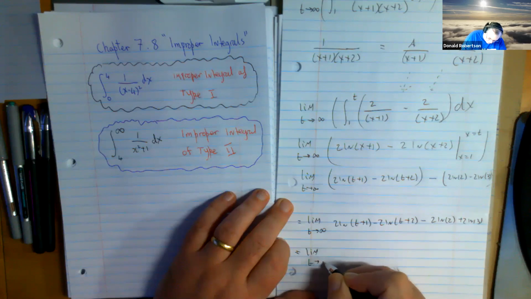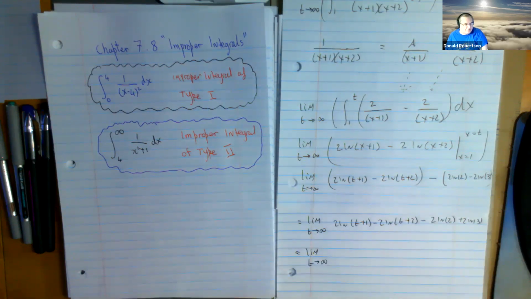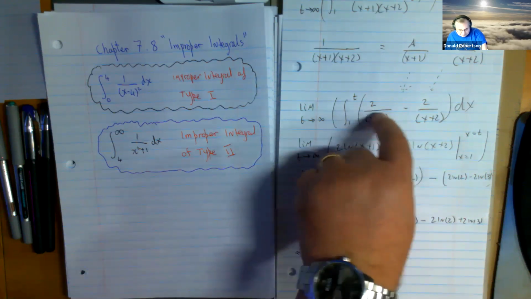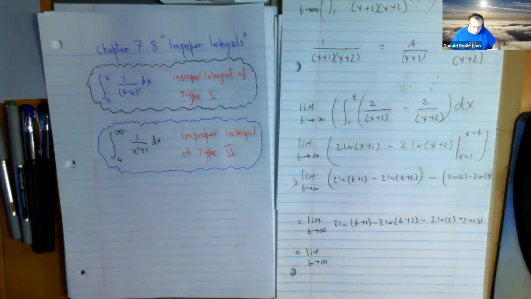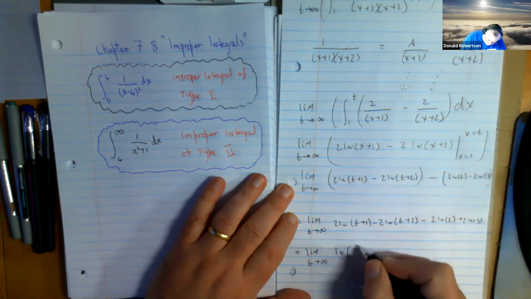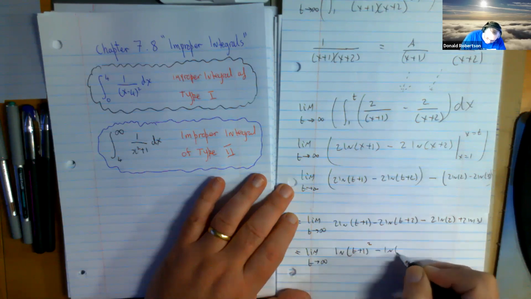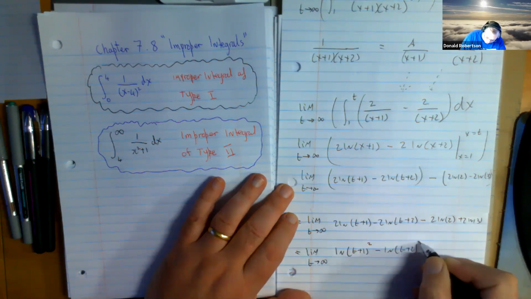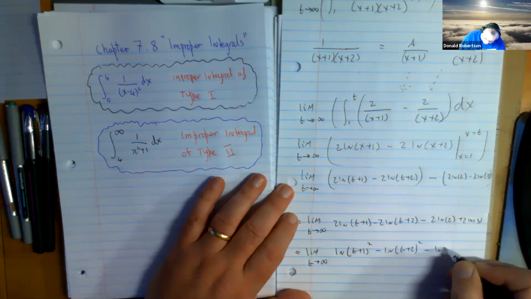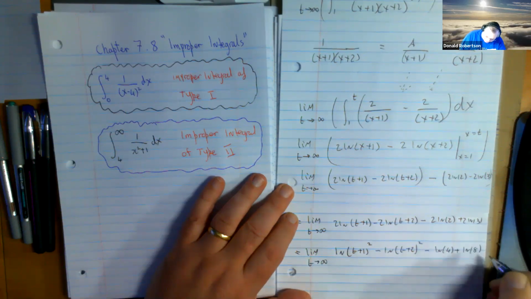In this question I could pull out a common factor of 2, but we pretend these two numbers are not the same, because they probably won't be. So if you do it the hard way, won't this be the natural log of (t plus 1) squared over (t plus 2) squared, take away the natural log of 4 plus the natural log of 8?